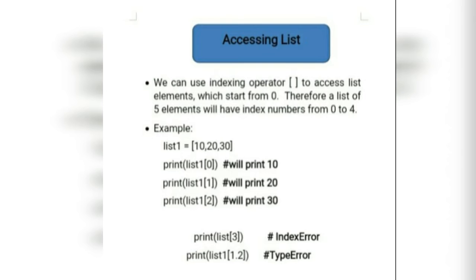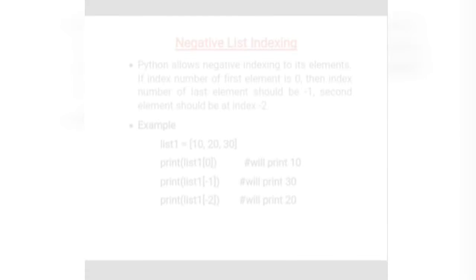Now at the bottom you can see print list with the index 3, and my dear friends, the list doesn't contain a third indexed element, so it will give an error, that is IndexError: list index out of range. In a similar way, if you use a floating point index, that is 1.3, below it you can see it will give you a TypeError: list indices must be integers or slices, not float.